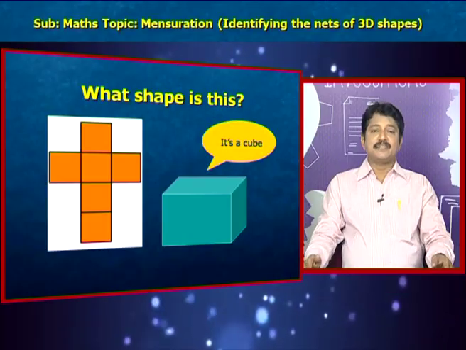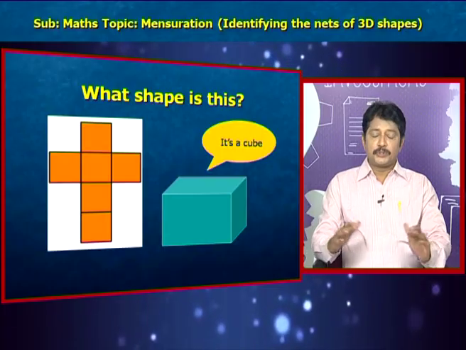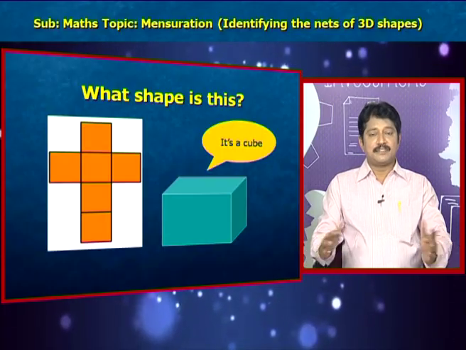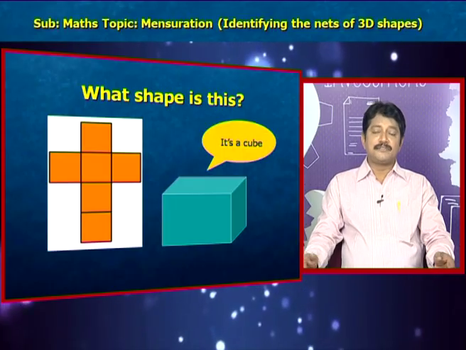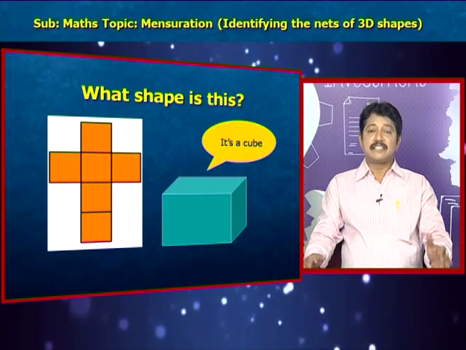Okay. Generally, learning by heart is not the correct way. For example, if you want to know the lateral surface area of a cube, it is simply 4a square, and the total surface area of the cube is 6a square.